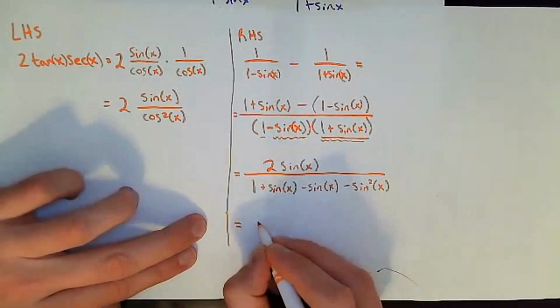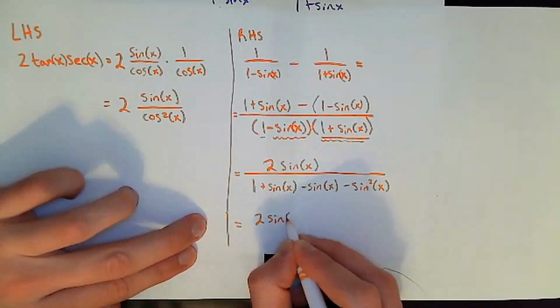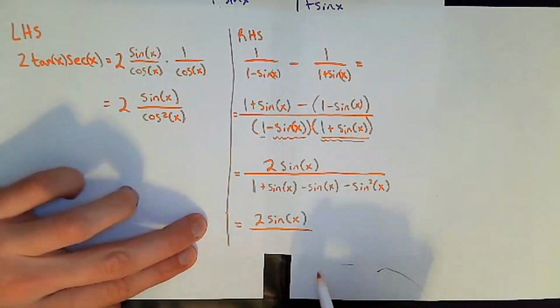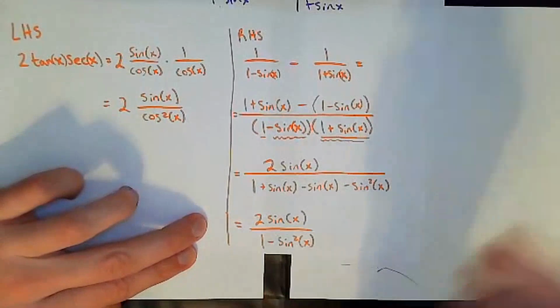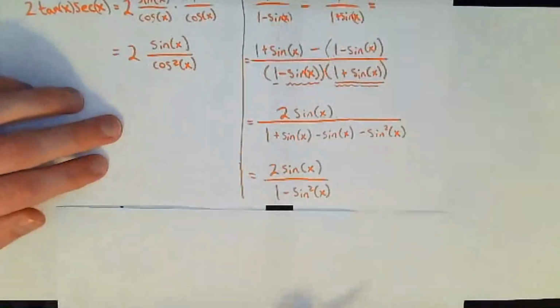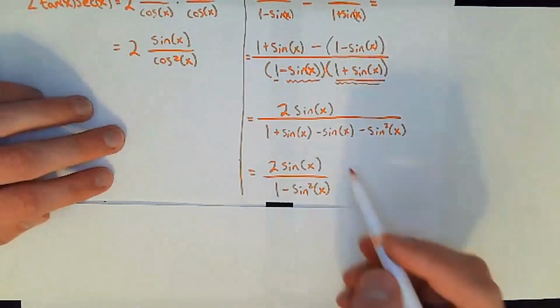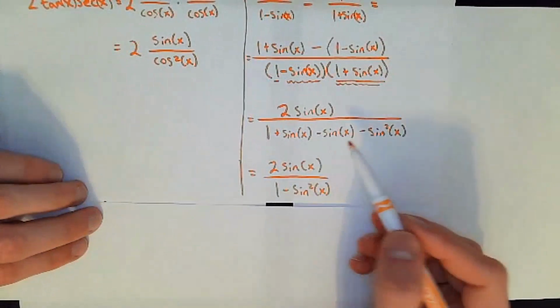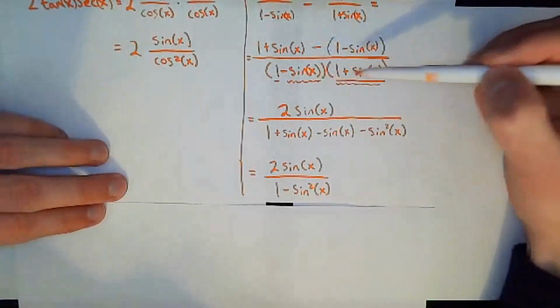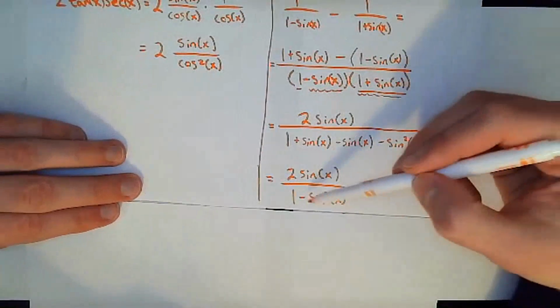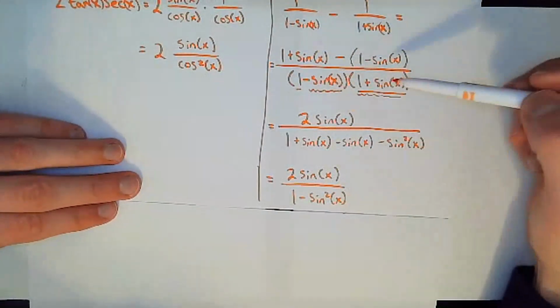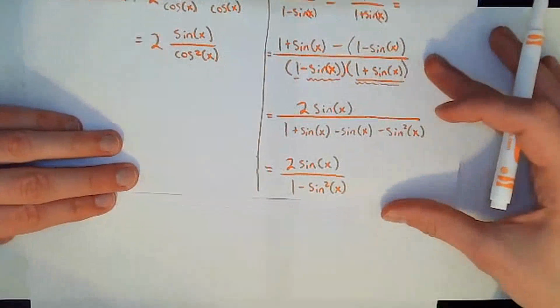And then I have 2 sine x over 1 minus sine squared of x. The central terms cancel, right? You may have already recognized this as a difference of squares. You may have already noticed that. This is a difference of squares, and this is the factored version of a difference of squares.